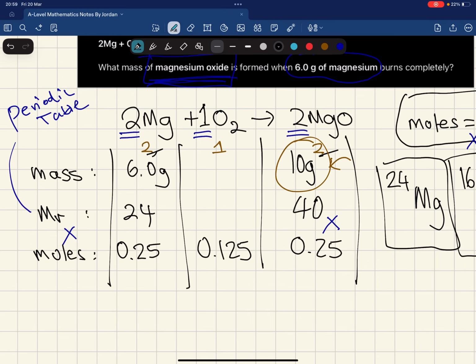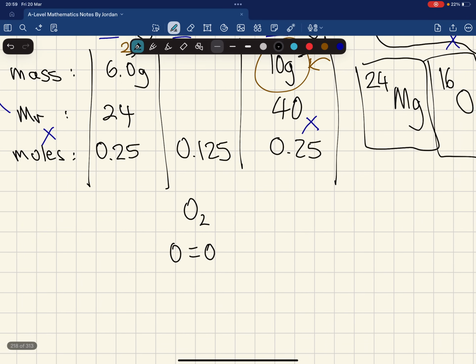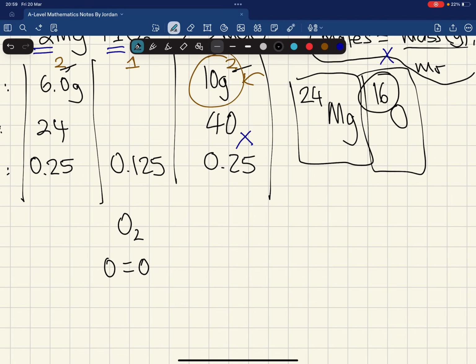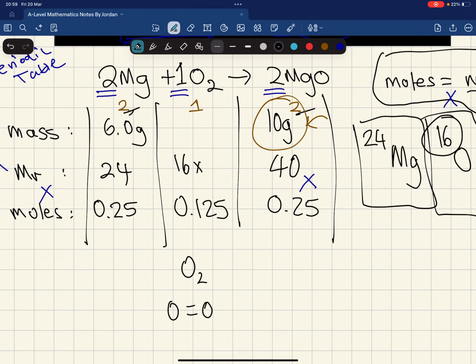MR of oxygen, this one is O2, so it means you've got 2 oxygens bound. Because the number is 16, for this MR you need to do 16 times 2, which would be 32. If you times these together, you should find it gives you 4 grams. And therefore, if you add 6 and 4, it equals 10.